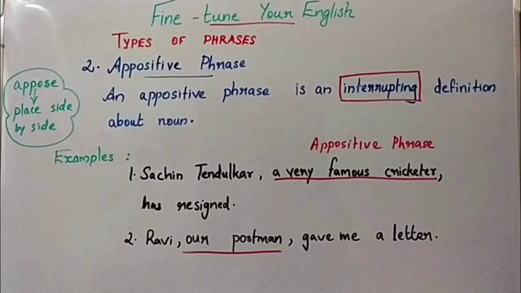Then see the second one, Ravi, our postman, gave me a letter. There, our postman is the appositive phrase. It is separated using two commas, one in the beginning and another in the end. Then if an appositive phrase comes in the end of a sentence, it can be separated using a comma in the beginning and a full stop in the end of the sentence.